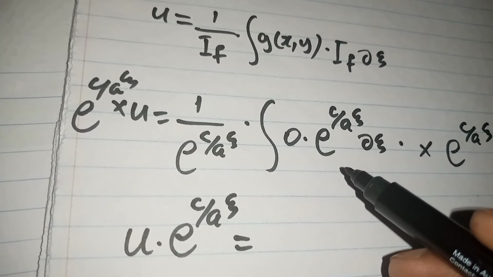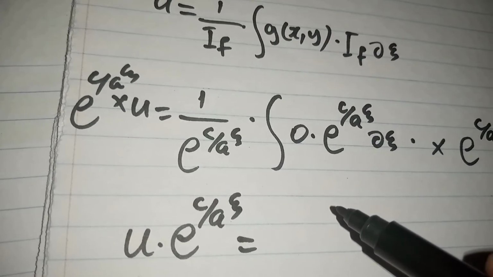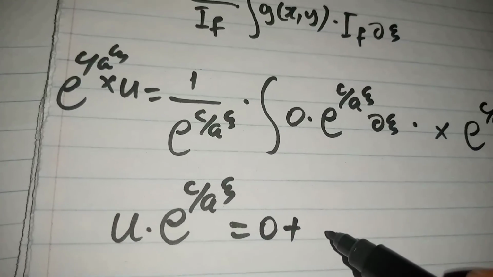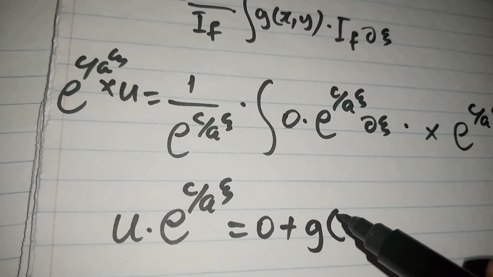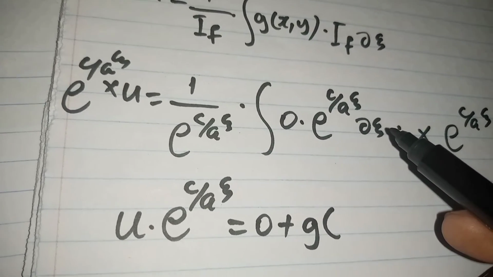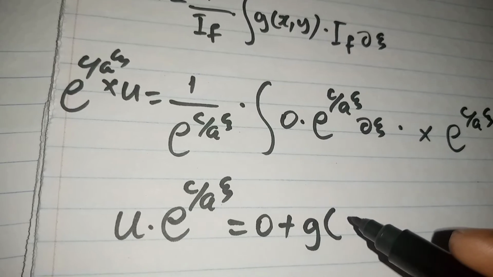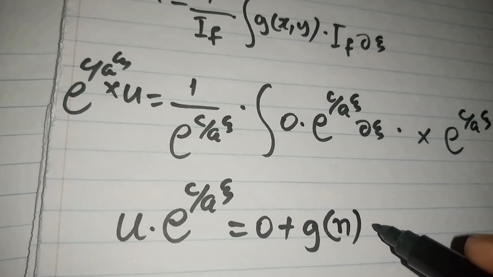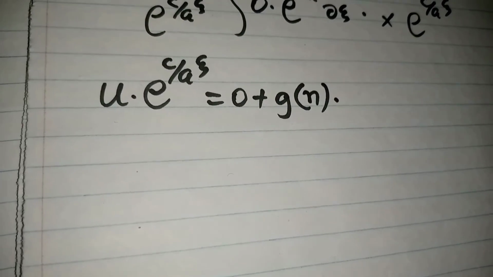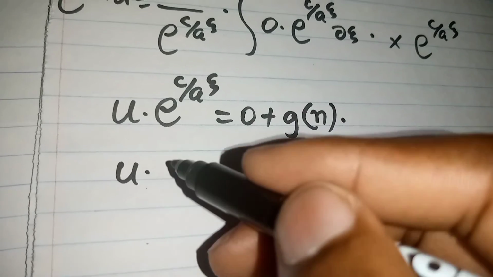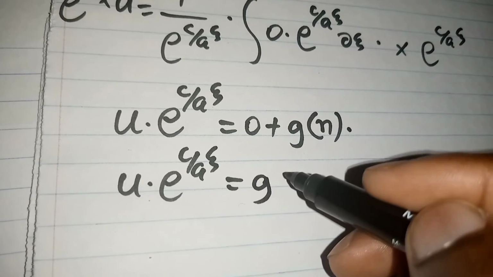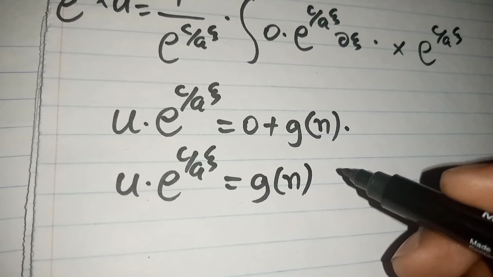Once we integrate 0 with respect to xi, we get 0, then it will be 0 plus a constant. Because we had only two variables, xi and nu, we can let this constant be a function of nu. So this simplifies to u times exponential c over a xi equal to g of nu, which is our constant.